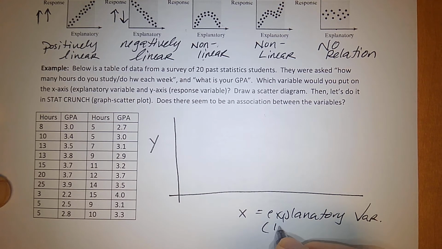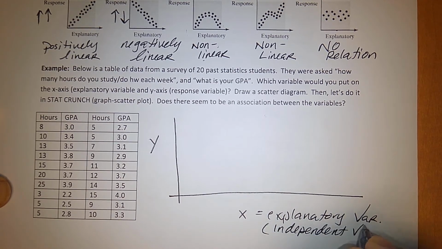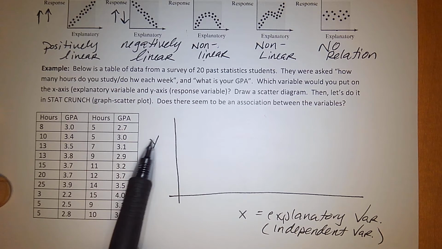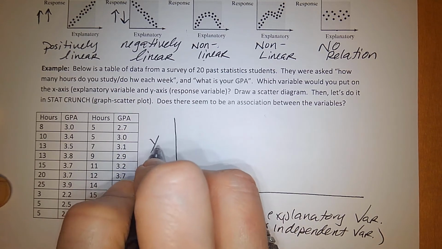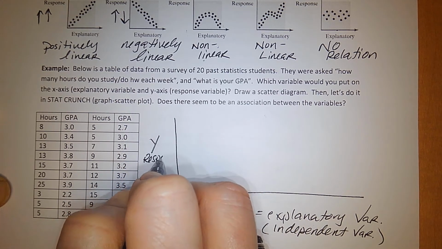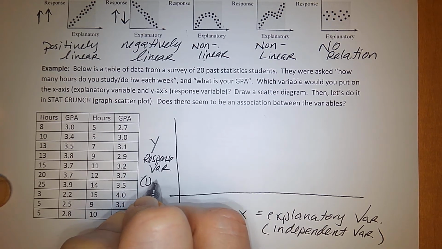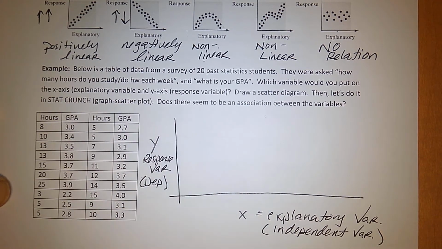Some people like to call it the independent variable. In other words, it stands alone, and it will drive a response in the y. So the y is what we'll call the response variable. Some people call it the dependent variable.